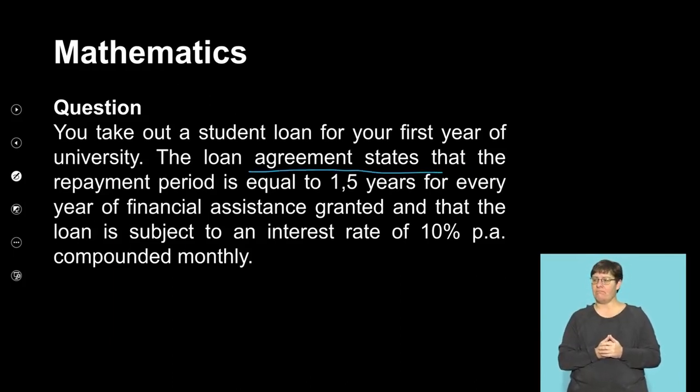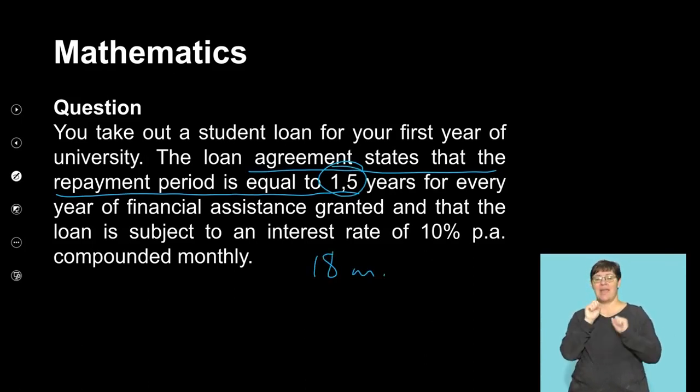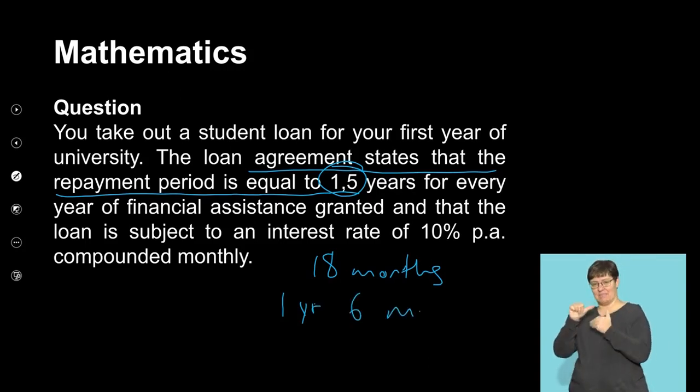The loan agreement states that the repayment period is equal to 1.5 years. Definitely you need to make sure you understand what that means. So it means it's 18 months that you will be paying back this particular loan, right? Which is the same as 1 year and 6 months, right?